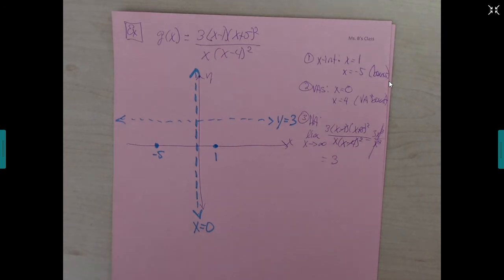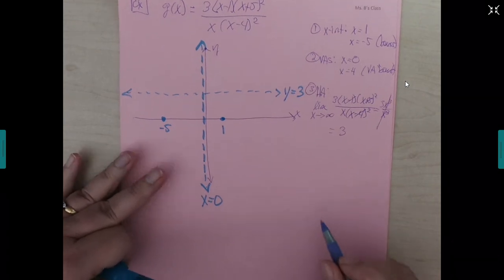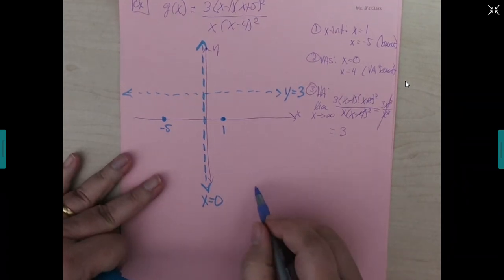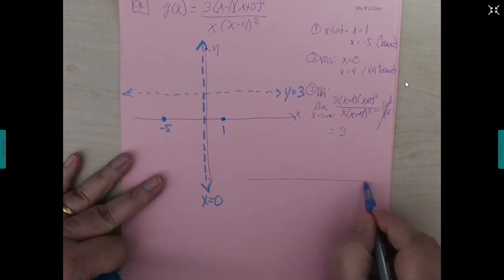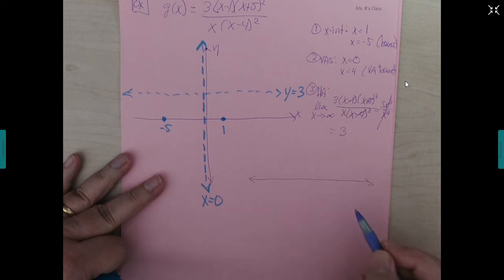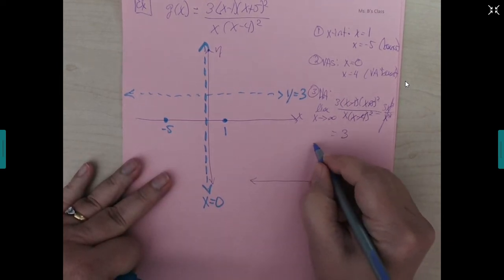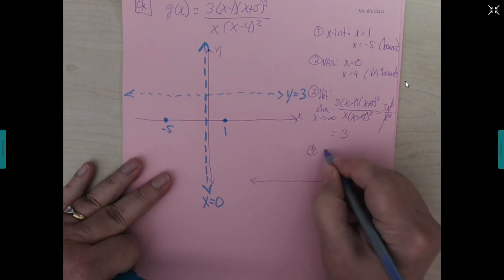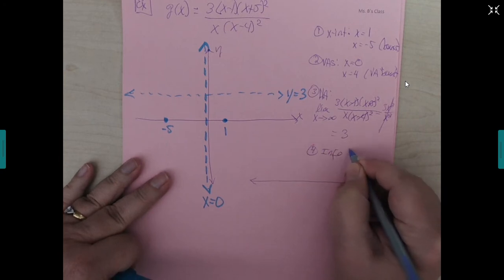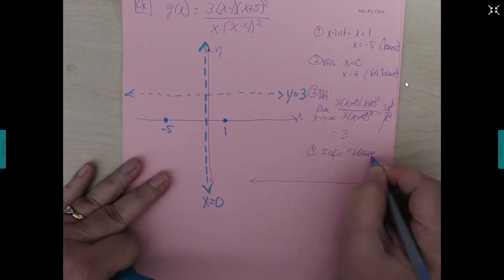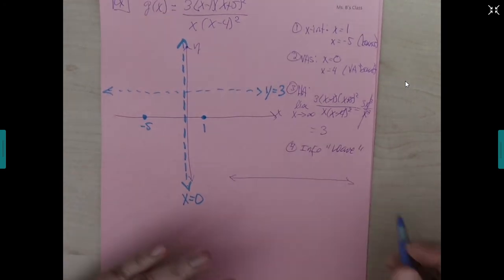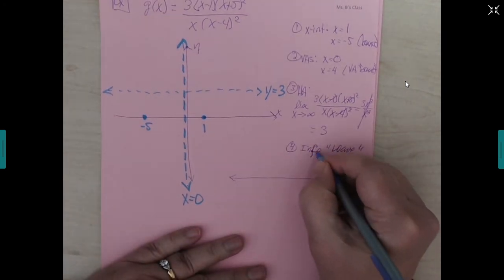All right, so now we're doing the last piece, which is number 4, the info wave. So I'm going to draw the number line here. That's a pretty bad F there, sorry.